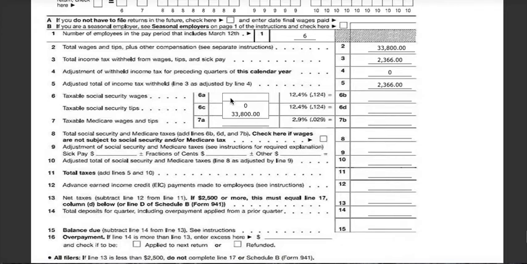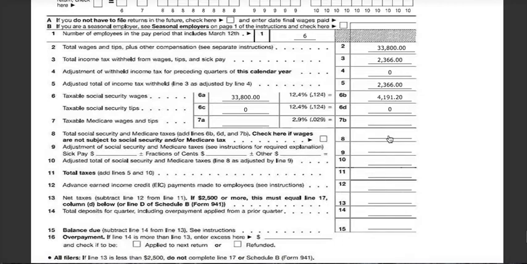All right, so our taxable Social Security wages, we use our $33,800, times it by 0.124, which gives me $4,191.20. All right, there's no Social Security taxable tips, so we put a 0 there. So we also put a 0 over here. You need to include zeros here.